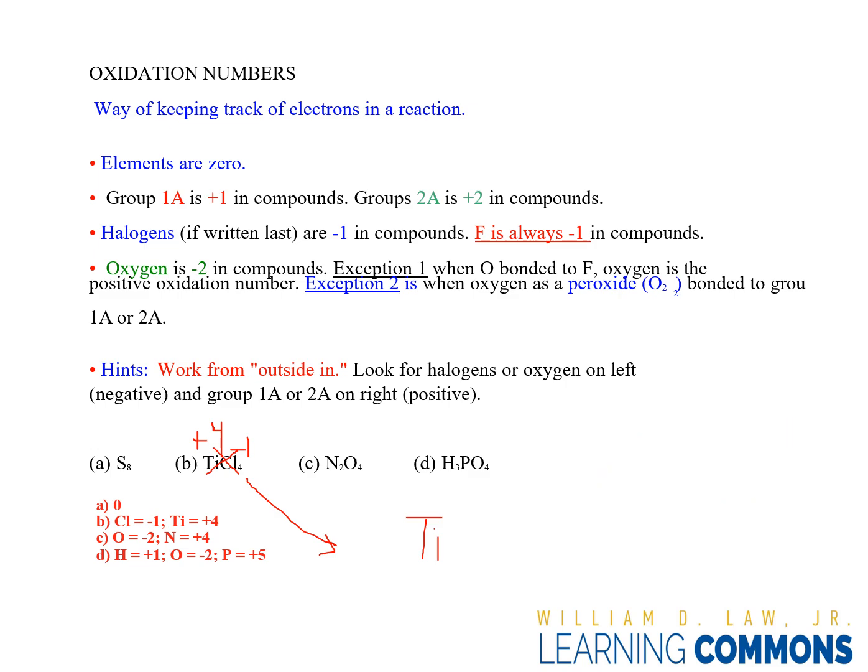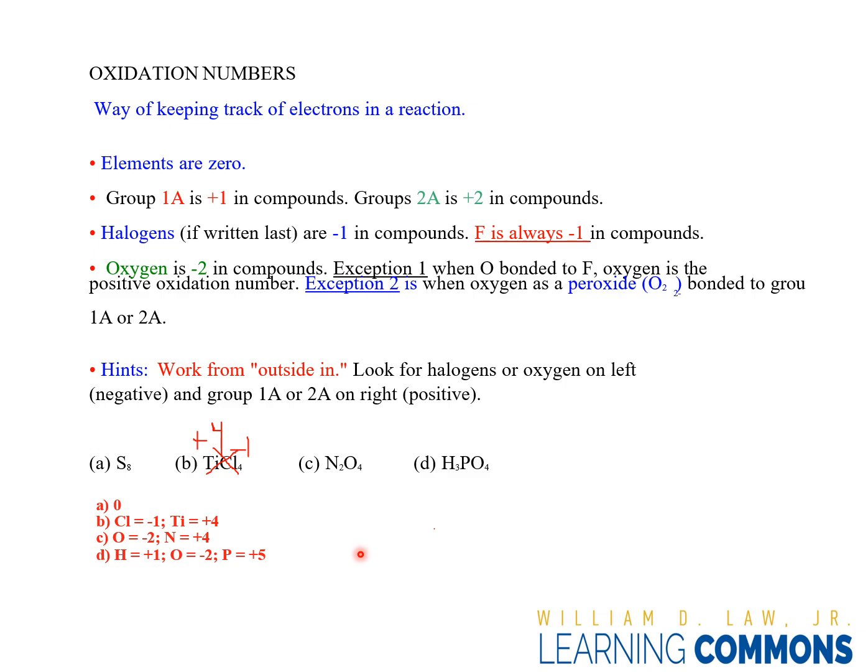But for the shortcut, if you can make a crossover for the charge, you will figure out right away the oxidation number, and therefore the chlorine is minus 1 and the selenium is positive 4. Dinitrogen tetraoxide, here the same thing.